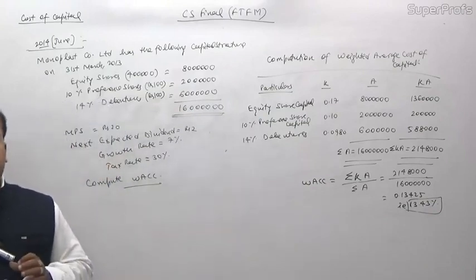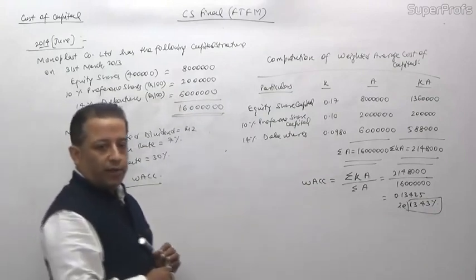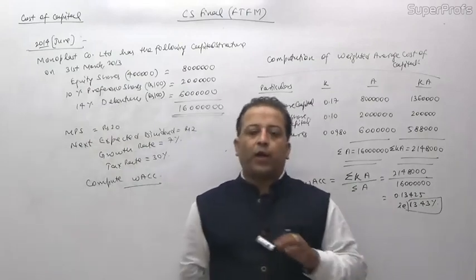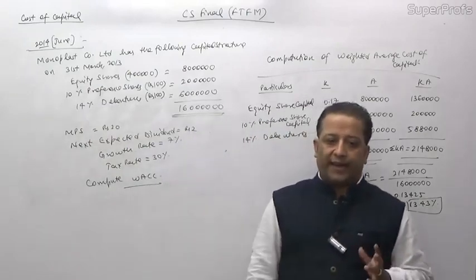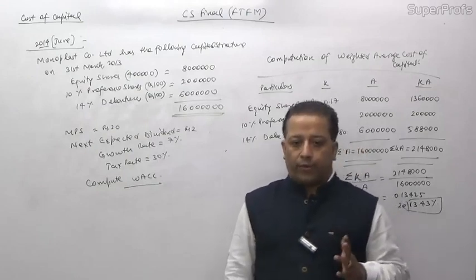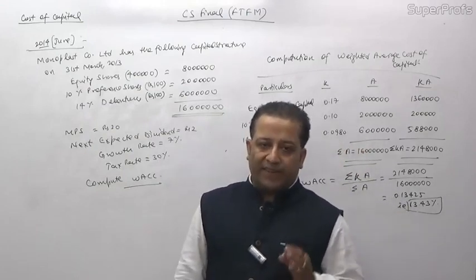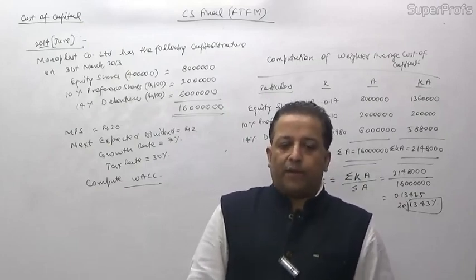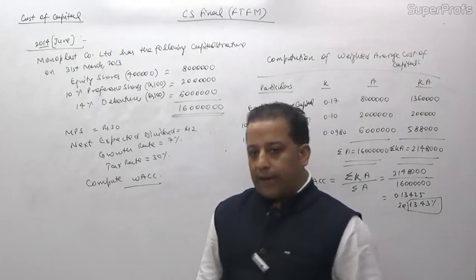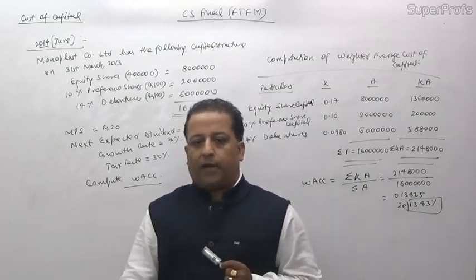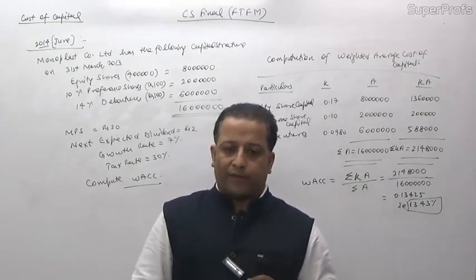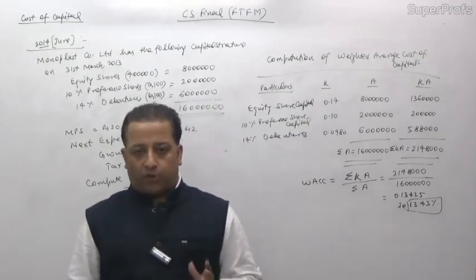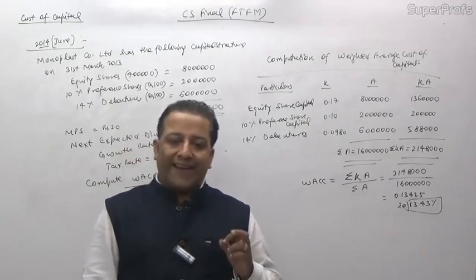of Monoplast Company Limited, the capital structure of Monoplast consisting of equity share capital of rupees 80 lakh, preference share capital of rupees 20 lakh, 14% debentures of rupees 60 lakh. So the final answer: the cost of equity as we calculated is 17%, the cost of preference shares 10%, the cost of debenture 9.8%.